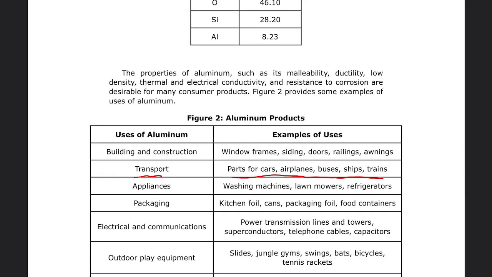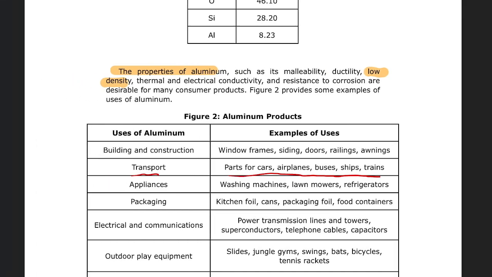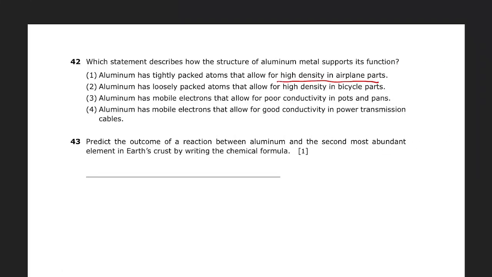Well, it says that the properties of aluminum are malleability, ductility, and low density. All right, this answer choice is saying that aluminum has high density, so we can eliminate it. Choice 2 says aluminum has loosely packed atoms that allow for high density in bicycle parts. Again, the passage just said that it has low density, so we're going to eliminate that choice.